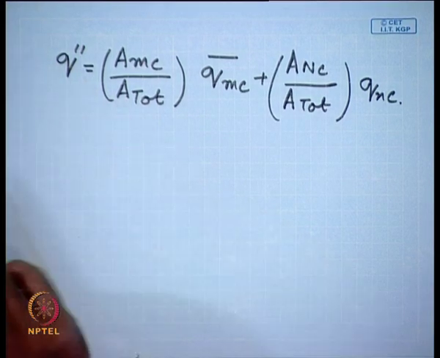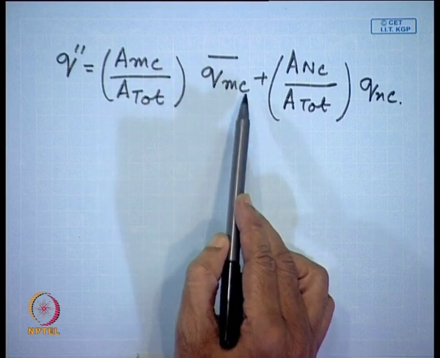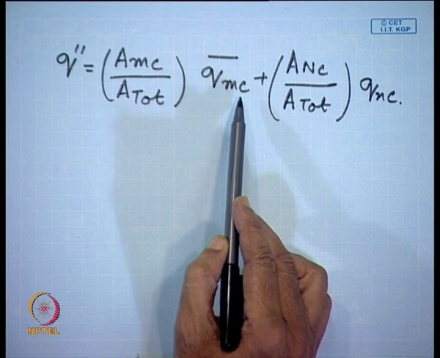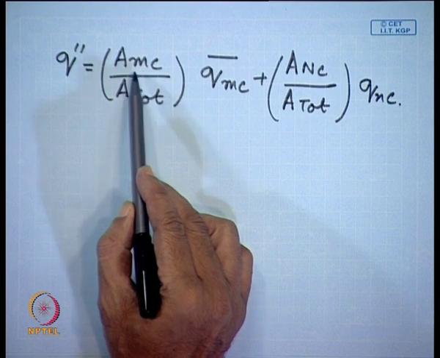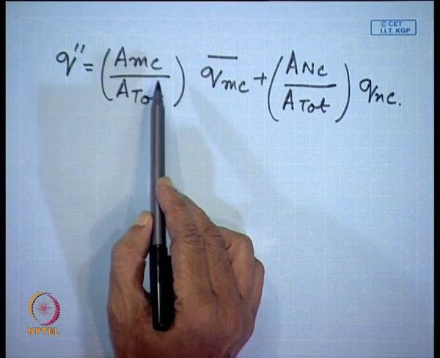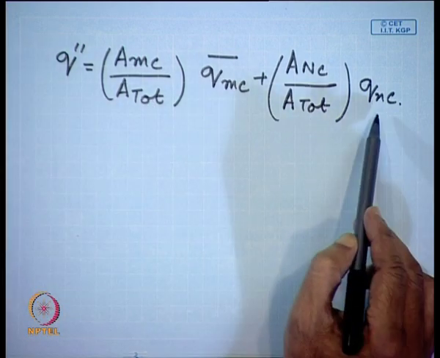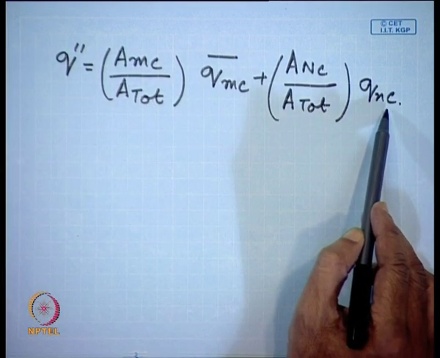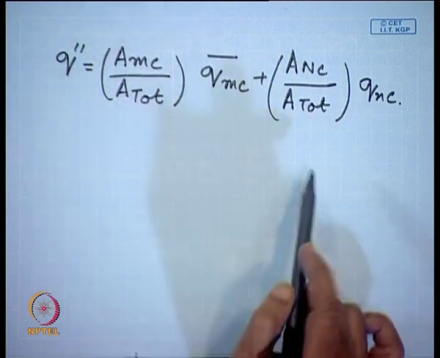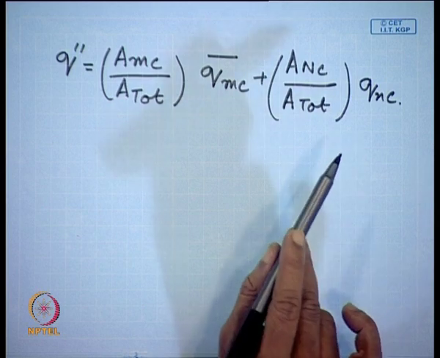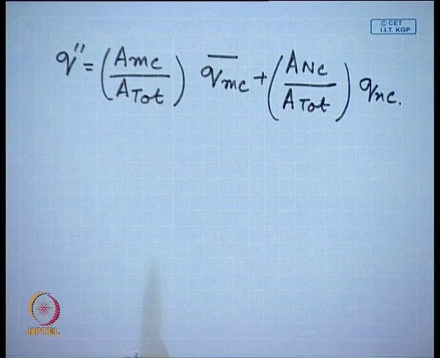So, the total amount of heat transfer is the average heat transfer due to micro convection multiplied by the area which is responsible for micro convection, divided by the total area, plus there is another mode of heat transfer by natural convection, the area which is involved in natural convection heat transfer divided by the total area. So, this is how we will get the heat transfer from a boiling surface.